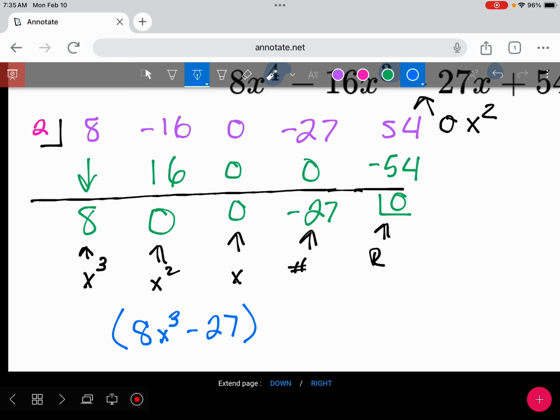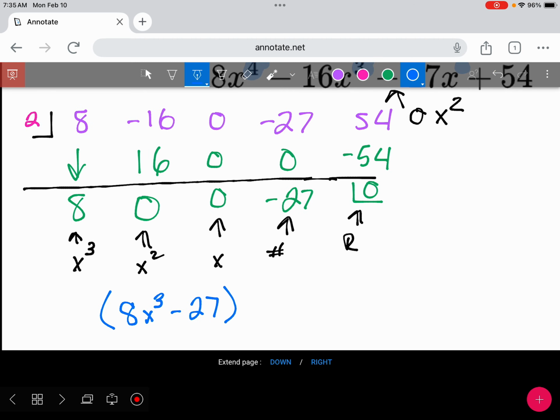That's our number. Okay, so that's really important that we have that. Otherwise, we would have had 8x cubed and 27x, and we would have been missing pieces. So it's really, really important that we don't skip that 0, even though it doesn't seem important. It is.